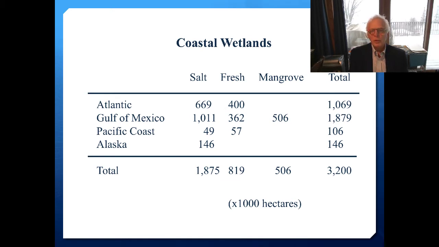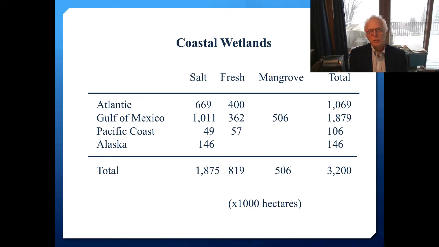Now, the coastal wetlands make up something like 3.2 million hectares, so they're very abundant, and as I said before, very, very productive. The Gulf of Mexico has a phenomenal amount of wetland and those bayou systems, and because it's fairly low-lying terrain around the Gulf of Mexico, there's a lot of coastal wetland in that area, but not so shabby in the Atlantic.